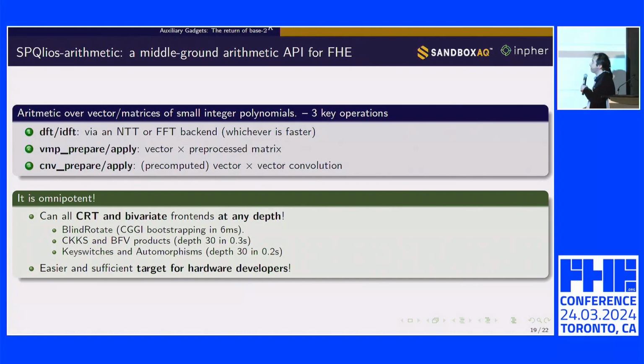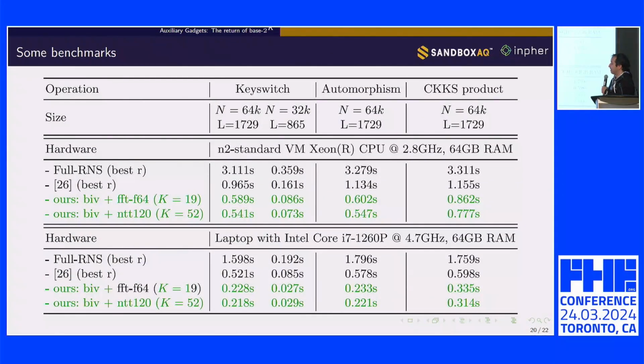So yes, we are currently developing a speculative arithmetic proof of concept that will be a software implementation that achieves this, and we plan to do a demo maybe in a few months, probably by Eurocrypt. Currently, with a pure software single-core implementation of this library, this is the kind of performance that we obtain for key switch, automorphism and CKKS products.